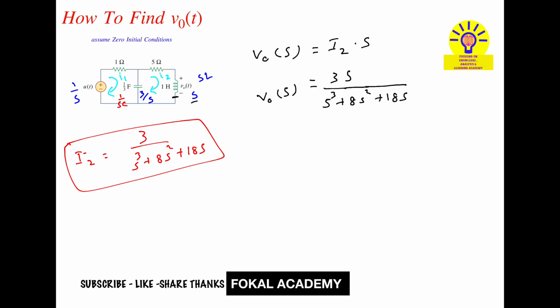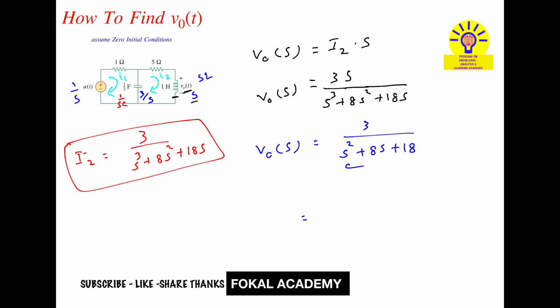But here we want V0 of t, in terms of time domain. Now how can you apply the inverse Laplace transform for this? Before applying it, you can simplify this. In the denominator s cube, s square, s is there. So bring s common, in the numerator s is there, it will be cancelled. So from this we get V0 of s equal to 3 by s square plus 8s plus 18.